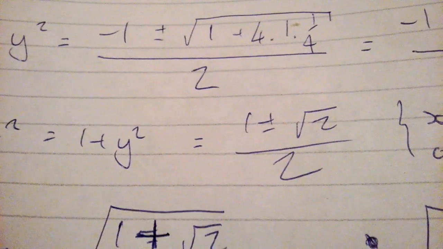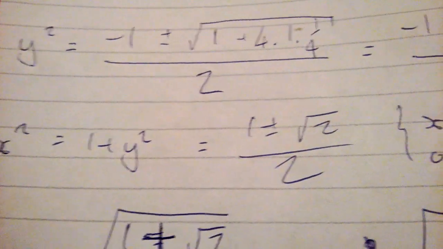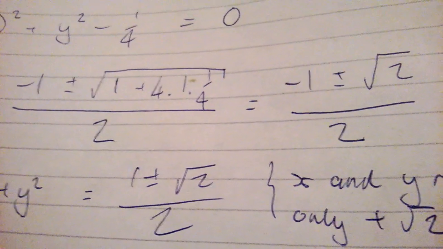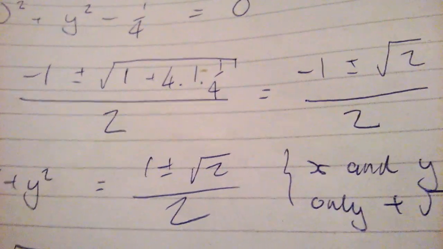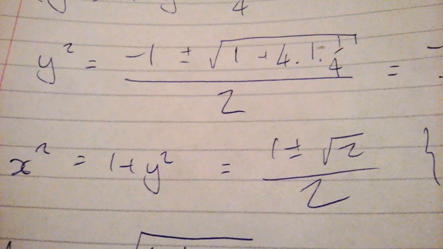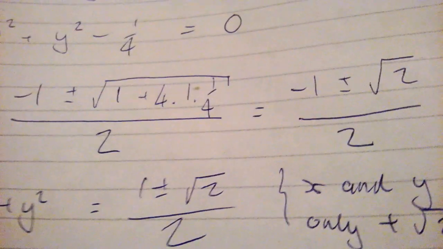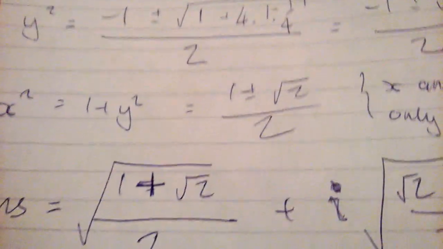So y squared is minus 1 plus the square root of 2, over 2, and x squared is 1 plus the square root of 2, over 2, because x squared is 1 more than y squared, so that minus a half becomes plus a half.